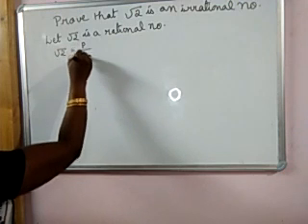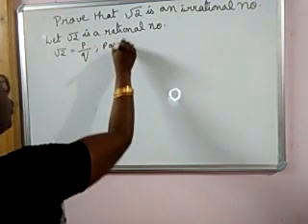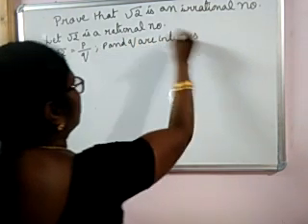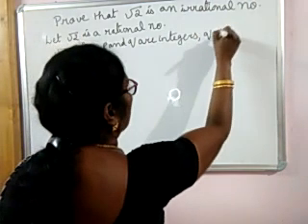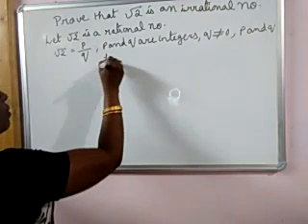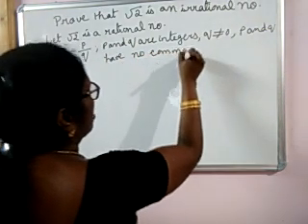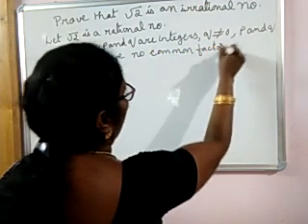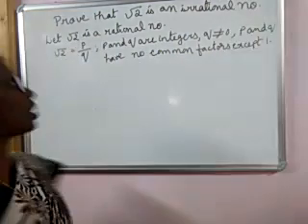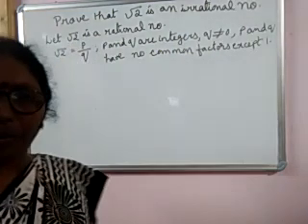We know that a rational number is in the form of P by Q, where P and Q are integers, Q is not equal to 0, and P and Q have no common factors except 1. That is what we have learned about rational numbers. So if root 2 is a rational number, root 2 is equal to P by Q.